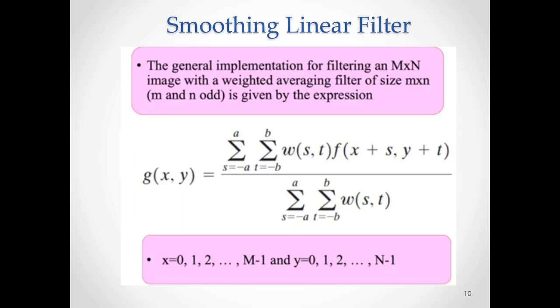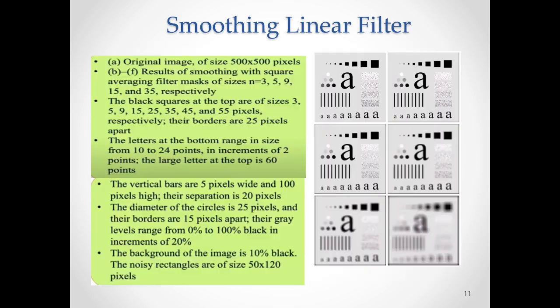The pixel at the center of the mask is multiplied by a higher value compared to the other pixel values, hence giving this pixel more importance in the calculation of the average. So this strategy is used to reduce the blurring during the smoothing process.